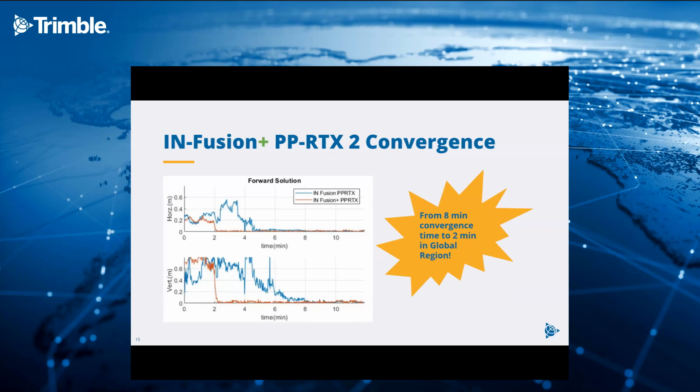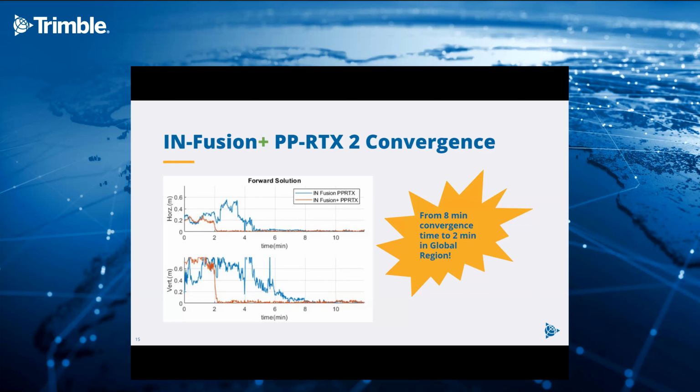Here's an example of one data set in the global region that illustrates the convergence time improvement. On the left side, you can see a graph of the horizontal error and the vertical error. So this is basically the comparison between the Ion Fusion PP-RTX processing and the Ion Fusion plus PP-RTX2 processing. The blue line presents PP-RTX standard processing.